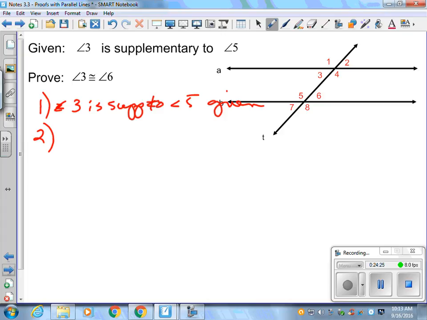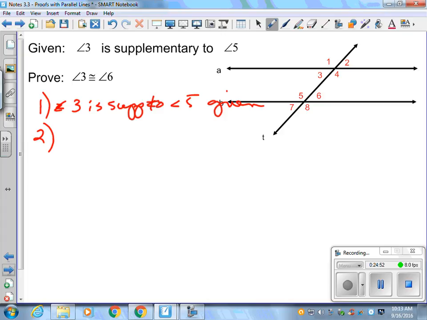All right, somebody said 4 and 6. I can't prove those two are congruent because they're the new names that we're learning, okay? So if I go to 4 and 6, they would have to tell me that, and they haven't told me that. The only things I can use, let me refresh your memory, are vertical and regular everyday supplementary angles that really are supplementary to each other because they're side by side.